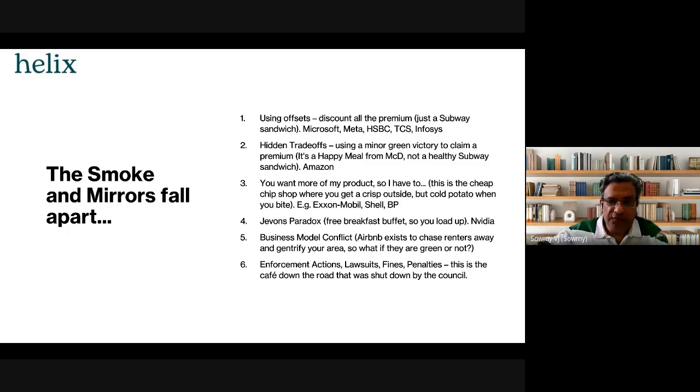A great example that I keep giving is, frequently if you walk down any of the high streets, you will find maybe a cafe that has been shut down by the council for hygiene standards being violated, or they didn't have the right licenses to employ people, or maybe they found cockroaches in the kitchen for whatever reason.